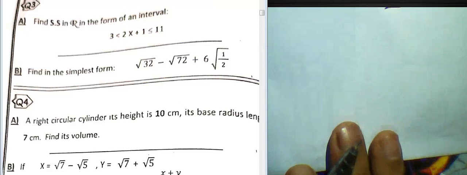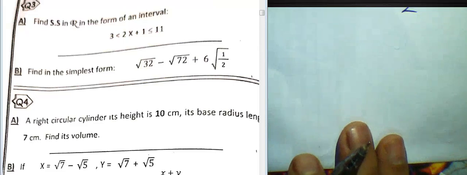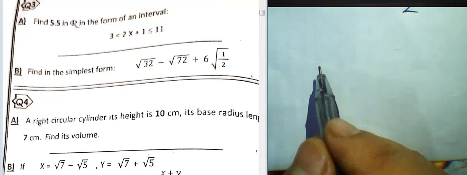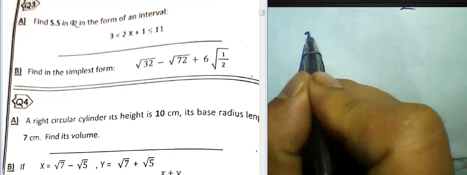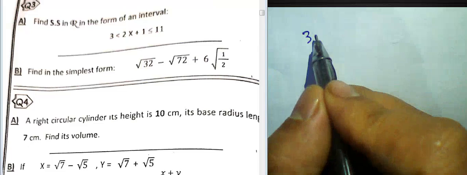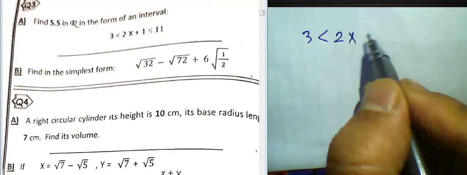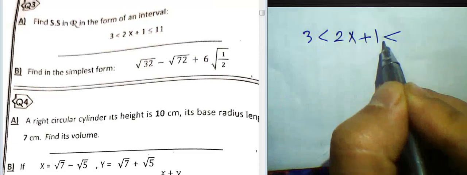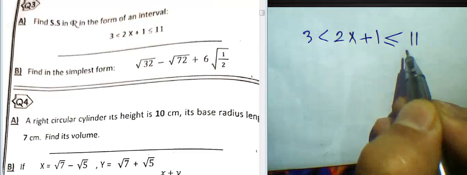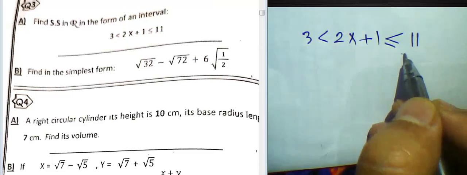Question number 3. Letter A, find the solution set of the inequality 3 less than 2x plus 1 less than or equal to 11 in the form of an interval.